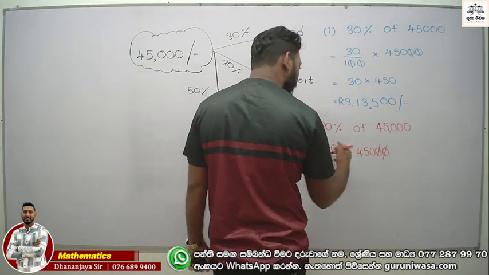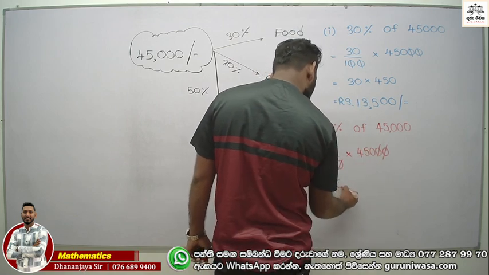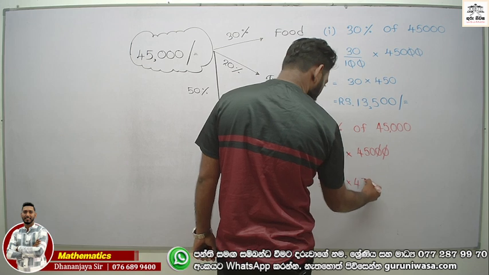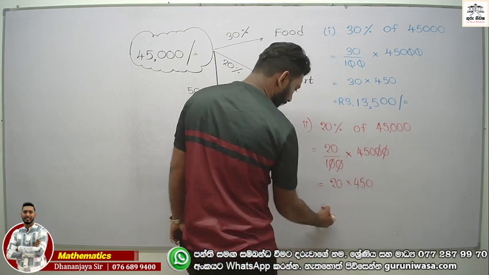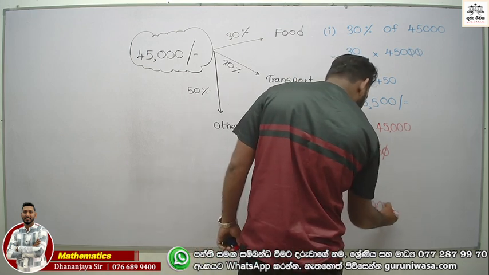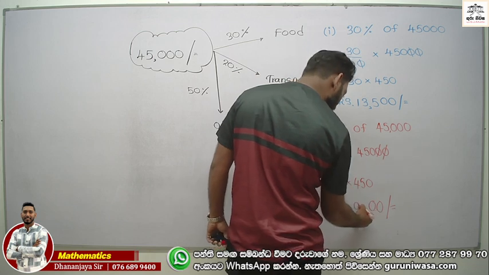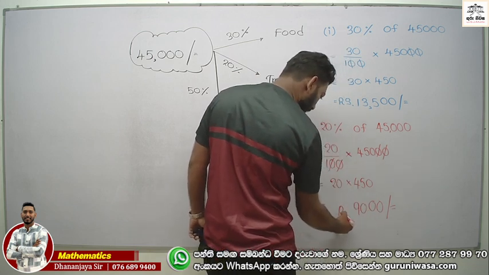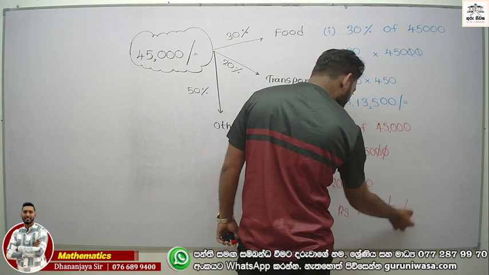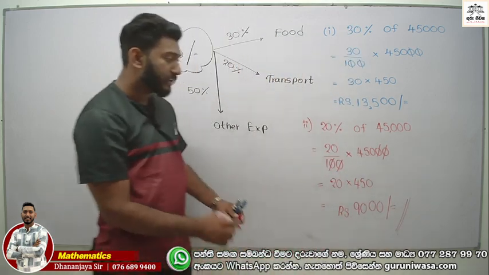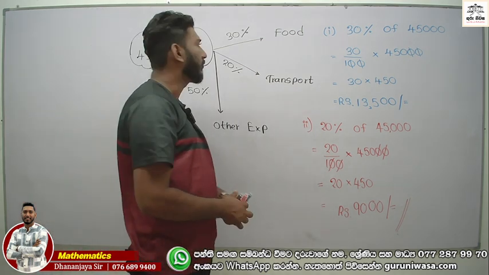Then 20 multiplied by 450, and put the last digits as two zeros. 2 times 45 is 90. Now the answer becomes 90,000 rupees. Sorry, 9,000 rupees.